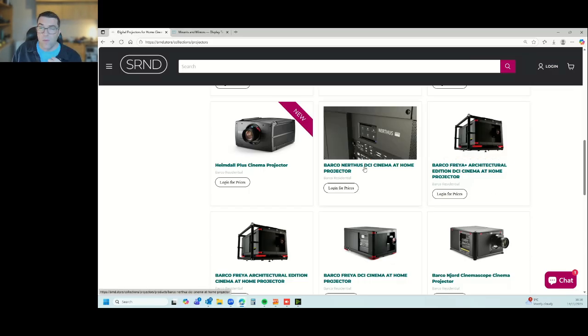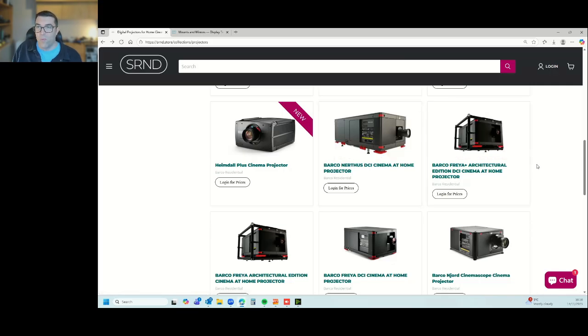The Nerthus is the best image I've ever seen in my entire life. It's not even close for me personally. But yeah, the thing is loud and hot and gigantic. If you put that just in a room, of course it's going to be a terrible experience. No one would ever want to do that. You're going to have to come up with a strategy to handle that.